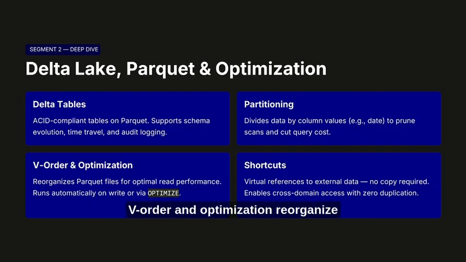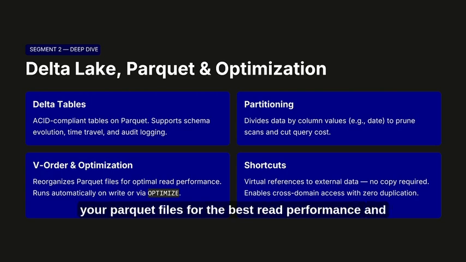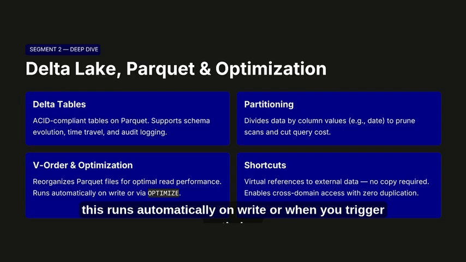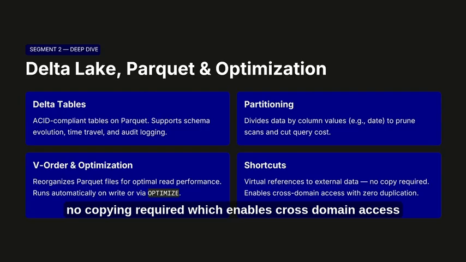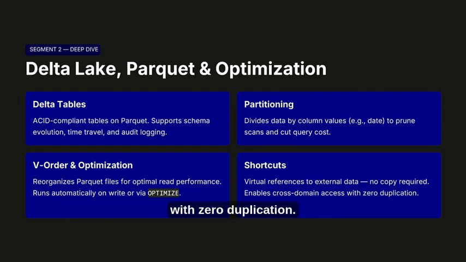V-Order and optimization reorganize your Parquet files for the best read performance, and this runs automatically on write or when you trigger optimize. And shortcuts give you virtual references to external data, no copying required, which enables cross-domain access with zero duplication.